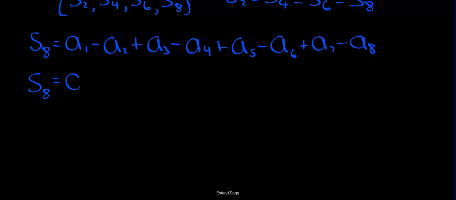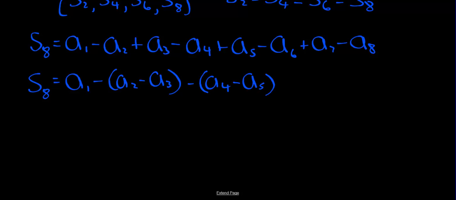S8 is equal to A1 minus A2 minus A3 minus A4 minus A5. See, what I'm doing is I just put these two together and I put the negative on the outside. So you can see how they're the same if you work through it. Minus A6 minus A7, and then finally A8.